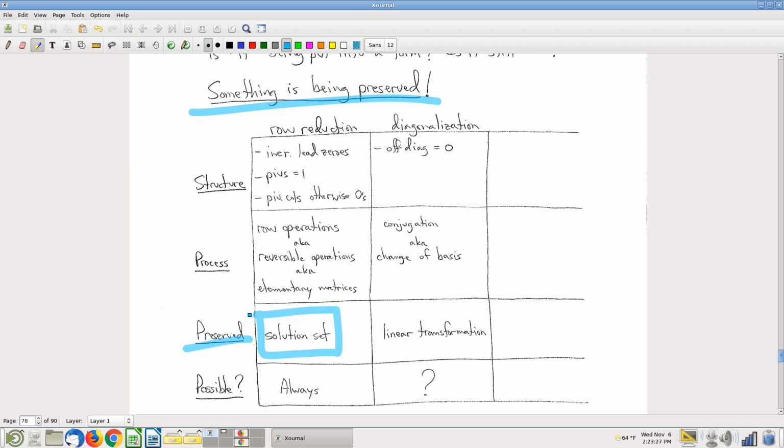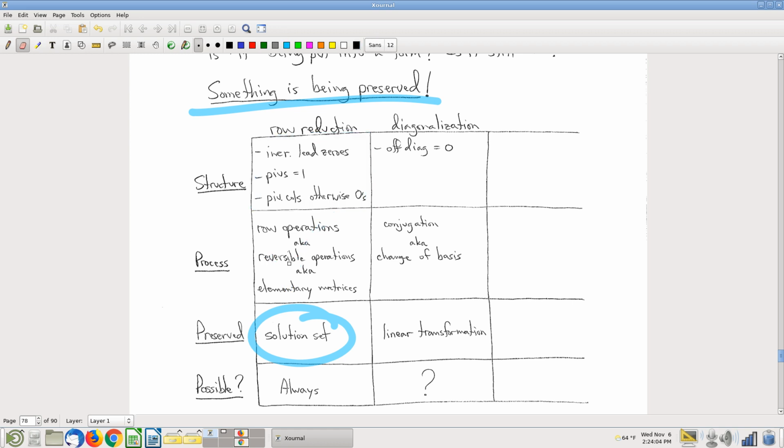And thereby we have a way of getting at what we're interested in by getting it into a form that makes life convenient. So when we're doing row reductions, we're interested in the solution set. This process preserves the solution set, and we aim for this as our target because it makes it easy to find the solution set. That was the big thing about reduced echelon form. It's easy to solve. Solve for your pivot variables in terms of your free variables and all that.